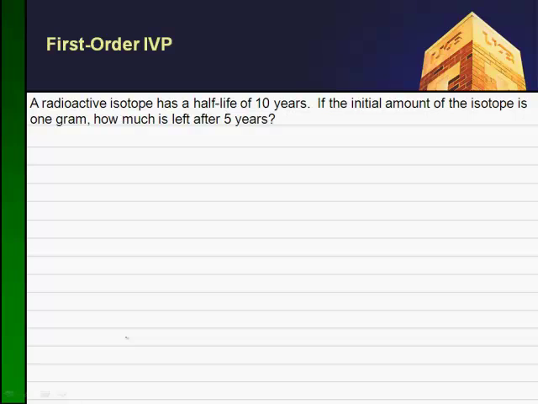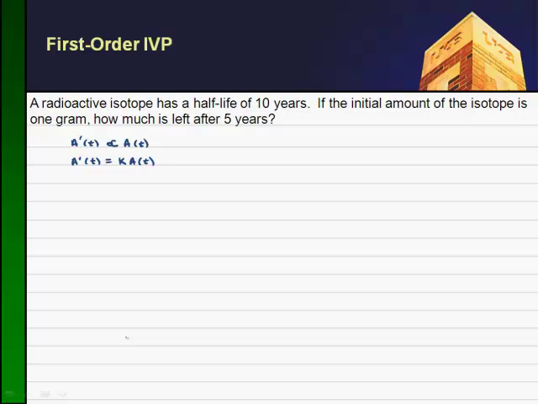So we have the rate of change of some amount, which kind of harkens back to the Malthusian model, as a function of time, which is proportional to the amount that's there. And again, if I replace the symbol of proportionality with an equal sign, I'll add some constant of proportionality.